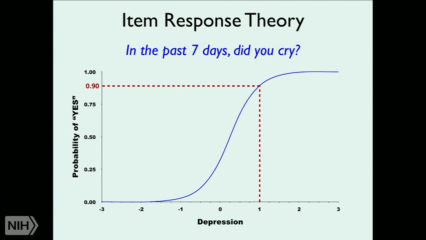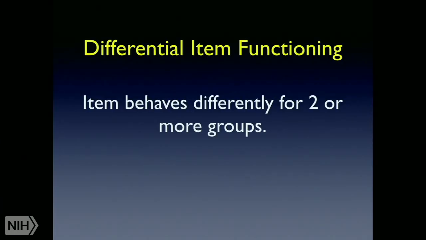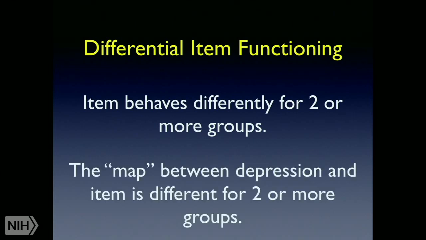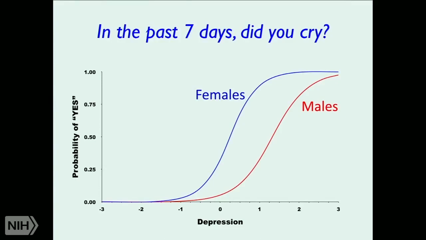Okay. So we've said the differential item function is what happens when an item behaves differently for two or more groups. Another way of saying that is that the map between depression and the item is different for two or more groups. I was talking about men and women with this crying item. Okay. Let's look at this. This is the map computed separately for females and males. Right? And what is it showing here? Right?